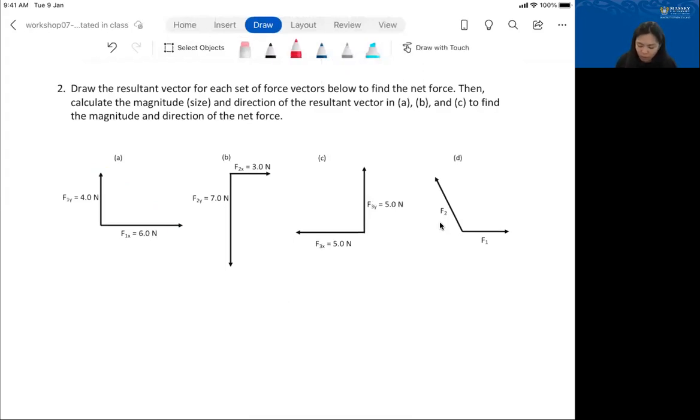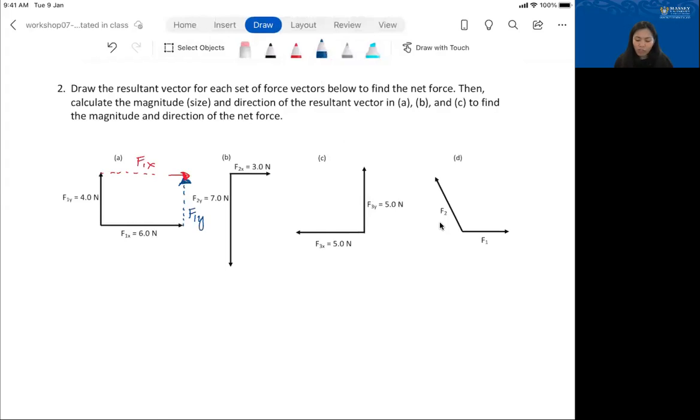You have to copy your F1x up here. You should do a dashed line, so let me do a dashed line here. That's your F1x, and you should also copy your F1y, keeping the directions the same, because you're just copying, so the directions of the arrows should be the same as well.